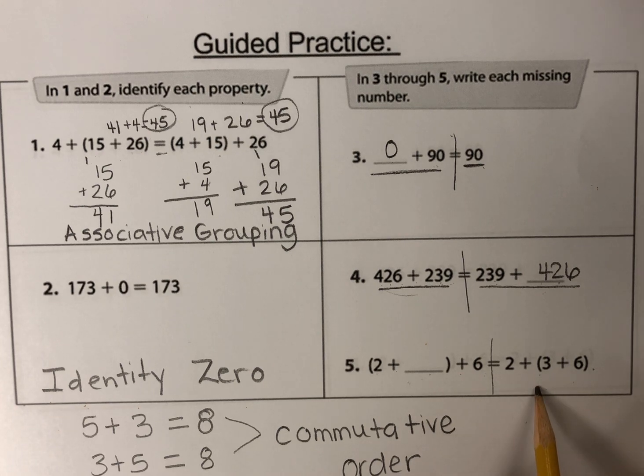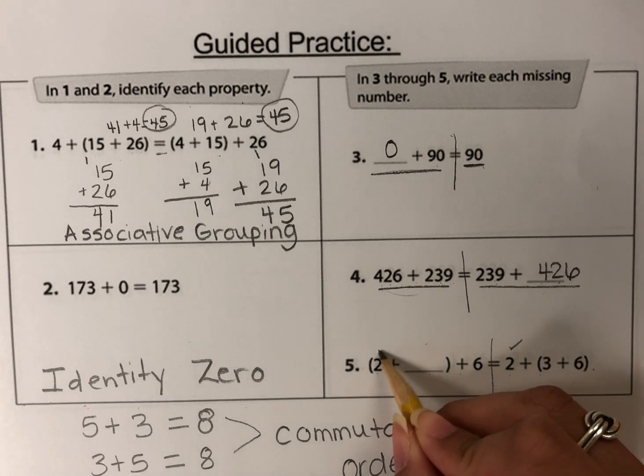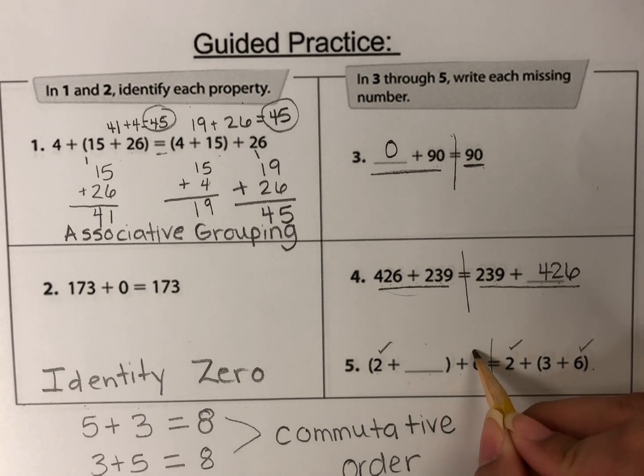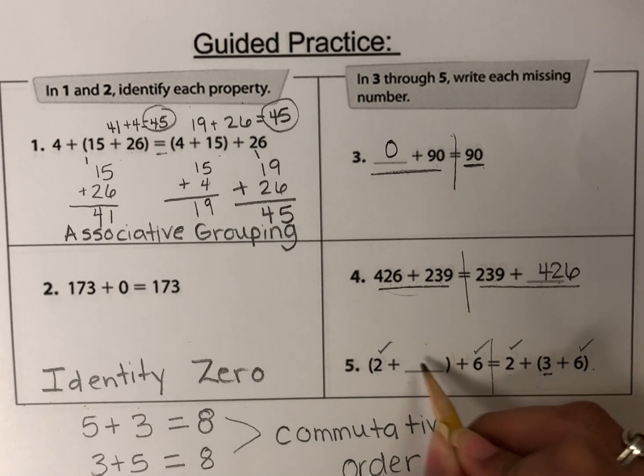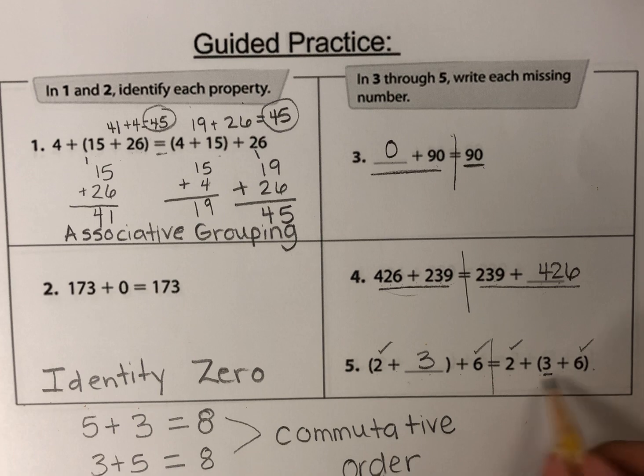And on my other side of the equation, I have 3 grouped with 6 plus 2. So I have my 2's on both sides. I have my 6's on both sides. I'm missing the 3. When 3 is grouped with 2 plus 6, the value is still the same as when it's grouped with 6 and 2 outside. This is the associative grouping property.